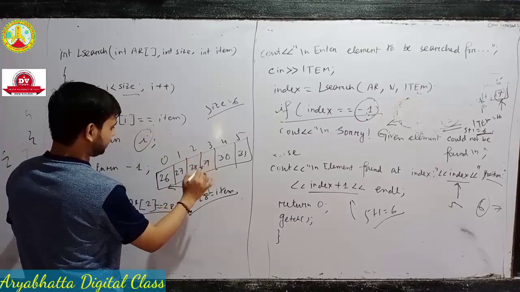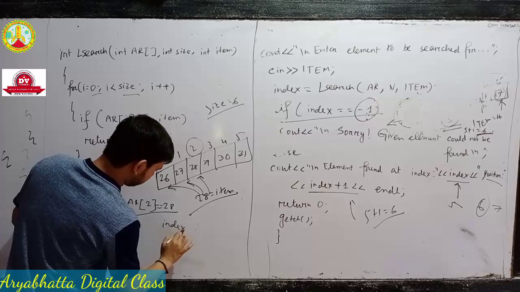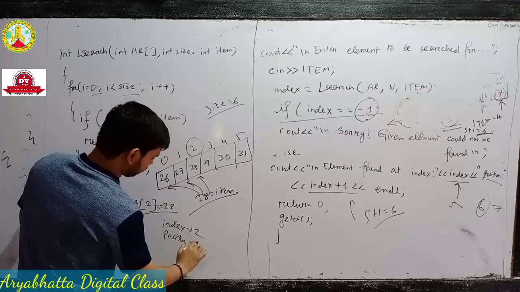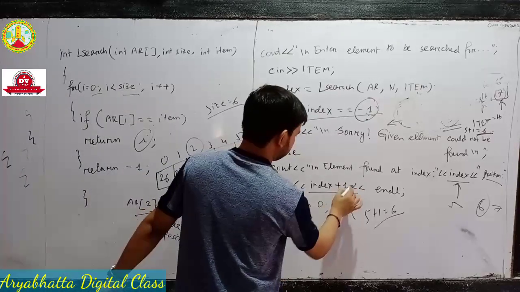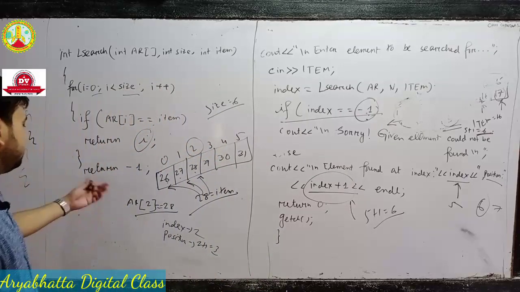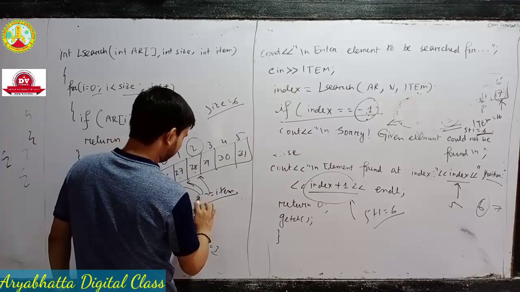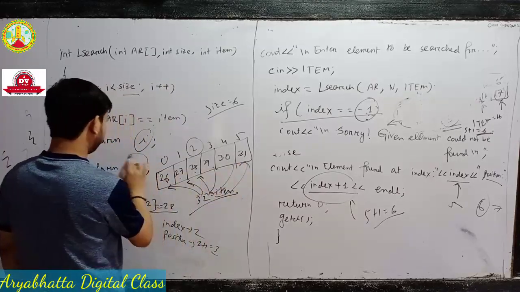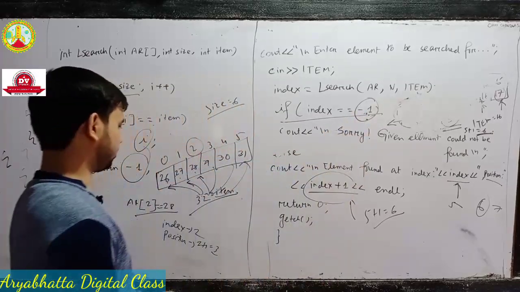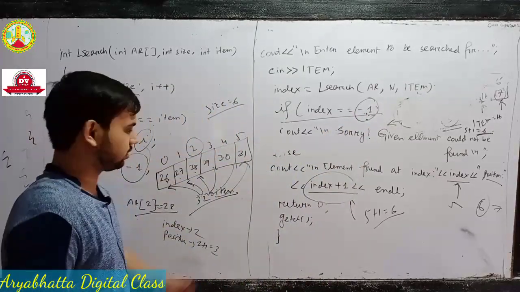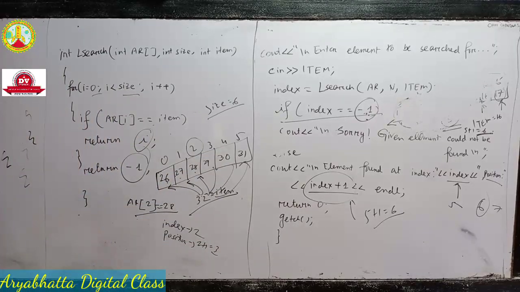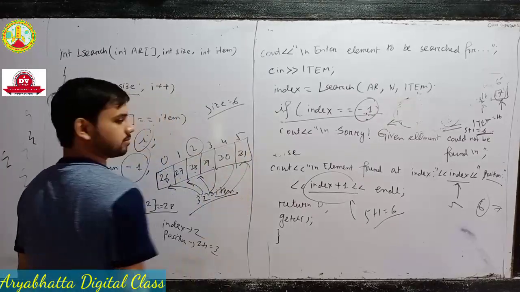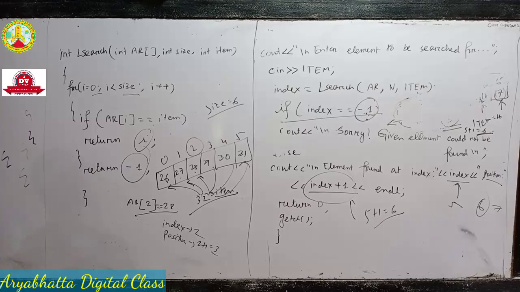Return i means return this index: the index is 2 and the position is 2 plus 1, which is 3. Understood? Otherwise, if you search for 32, you compare with 26 and so on, and nothing matches, so return -1, meaning search unsuccessful, because the required element is not in this array. So compare one by one.